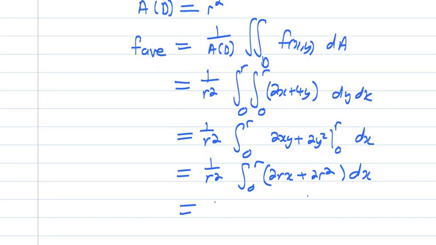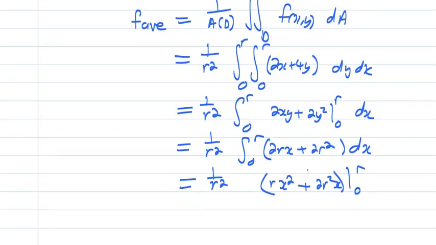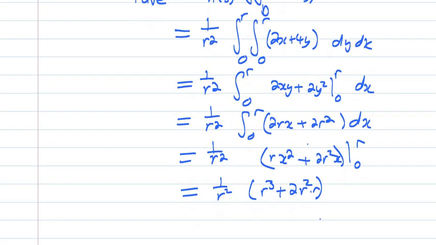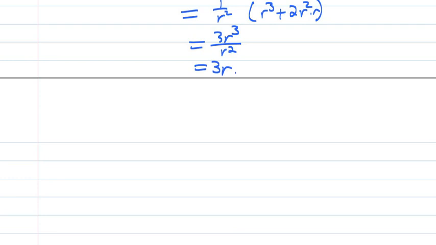Now it's a single integral, and now I integrate 2rx, that becomes rx squared, and 2r squared becomes 2r squared x. The bottom bound is naught, the top bound is r. If I plug in naught, I get naught. If I plug in r, I get 1 over r squared times (r cubed plus 2r squared times r). So I end up getting 3r cubed over r squared. So that evaluates to 3r. All right, so F average is 3r.